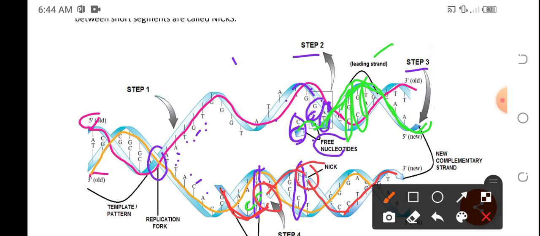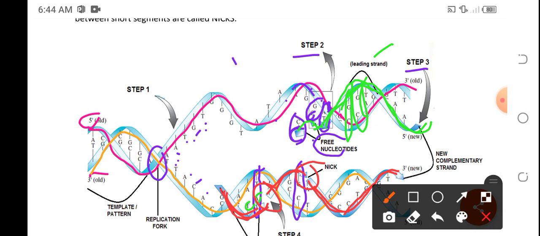Hindi siya continuous. So this is a lagging strand or Okazaki fragment. So fragmented yung maproproduce ng DNA polymerase dito sa 3' to 5' direction or new strand.